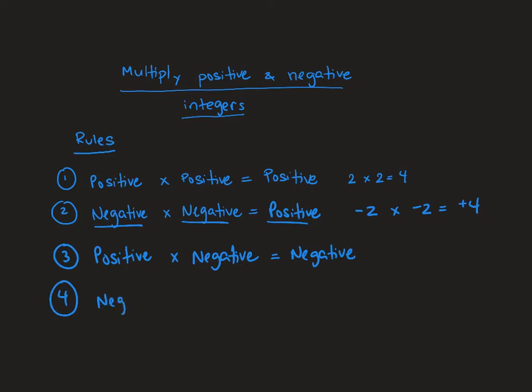When you start with a negative and you multiply that by a positive, it equals a negative. So an example of number 3 would be, and I'm going to change the numbers, 6 times negative 2. That's going to give you a negative 12, because you know 6 times 2 is 12.